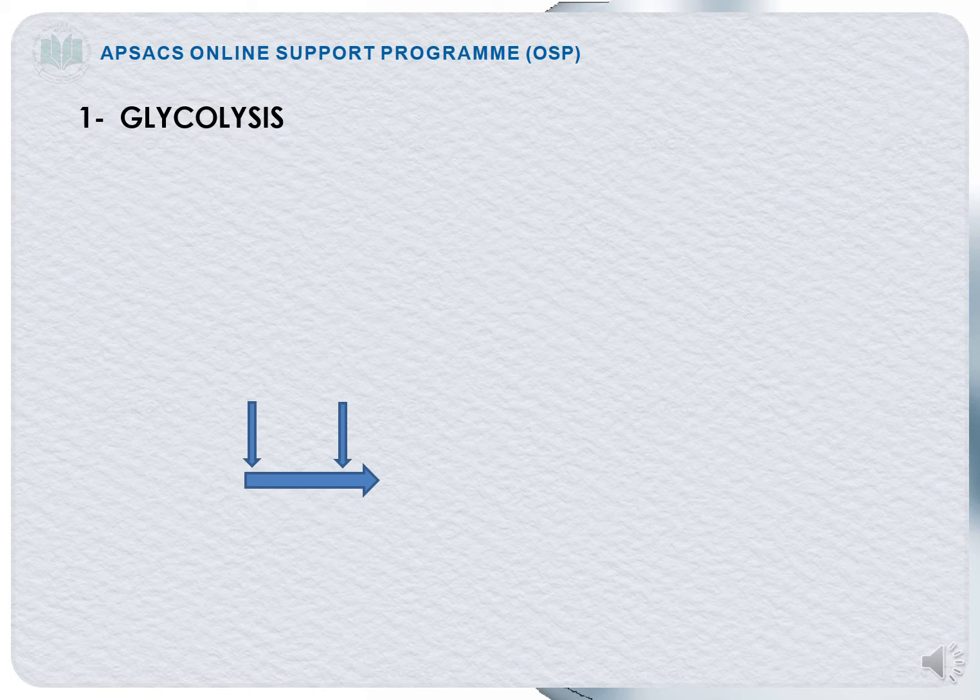Glycolysis. What does glycolysis actually mean? Glycolysis is the process in which glucose is broken down into 2 pyruvic acid molecules, as we have already discussed in aerobic and anaerobic respiration. It is the first phase of both aerobic and anaerobic respiration. So what is the location of glycolysis?